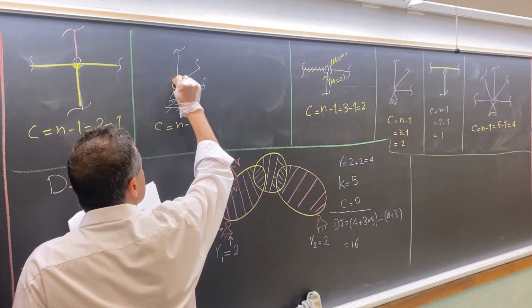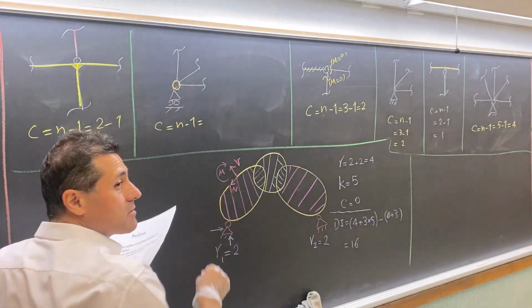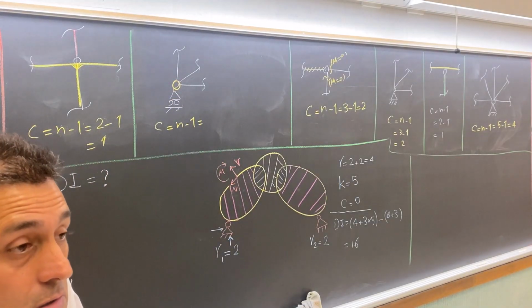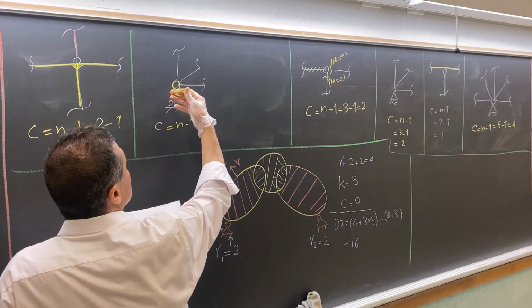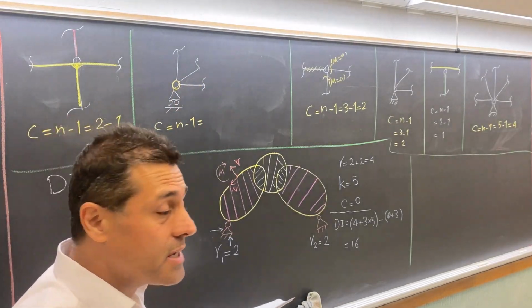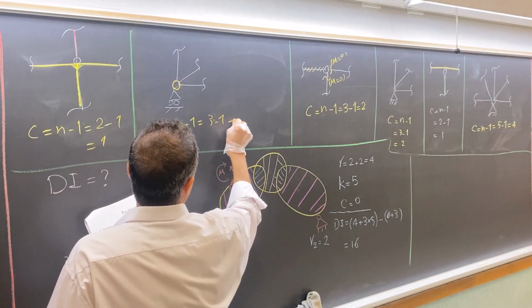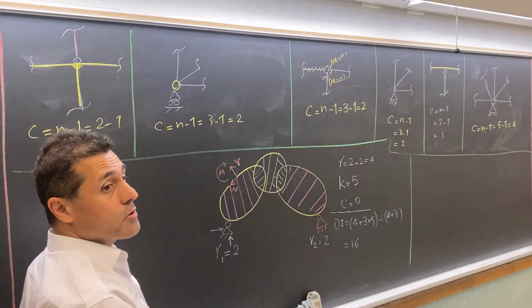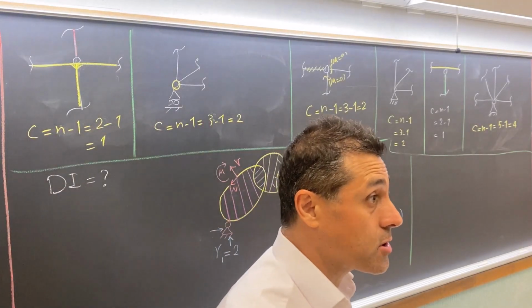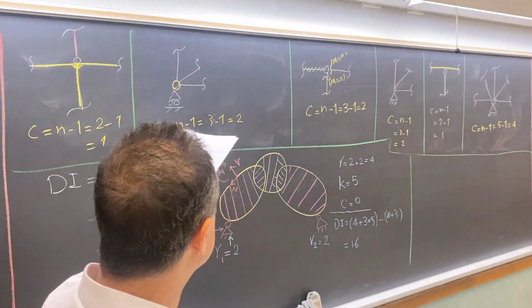It doesn't affect our count. It is still a pin. We don't care about the roller, right? So if it is a roller support or a pin support, it is still a pin. So 3 minus 1, 2. The difference between roller support and pin support is when it comes to the number of reactions, R. But when it comes to C, it's the same.